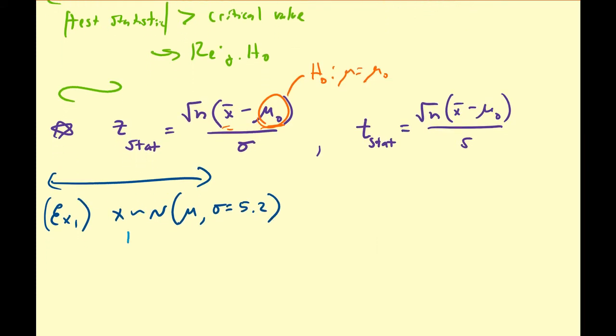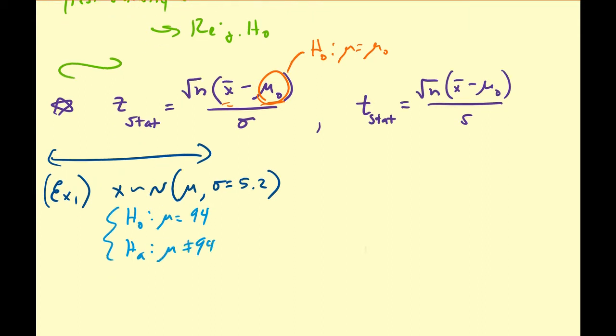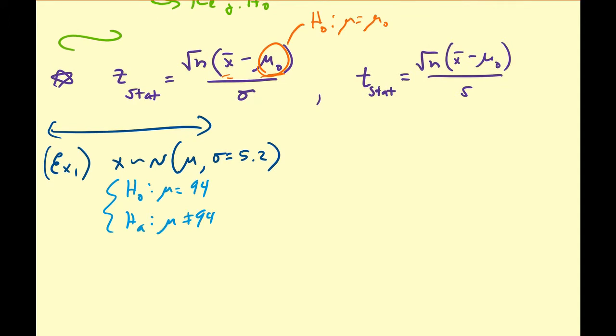Let us also assume the null hypothesis that mu is equal to 94, and let us choose the alternative that mu does not equal 94. Alright, so if that is the case, let us also operate under some level of confidence C. Let that be 0.92, and I leave it to you to figure out that the critical value, Z alpha over 2, is going to be 1.751.